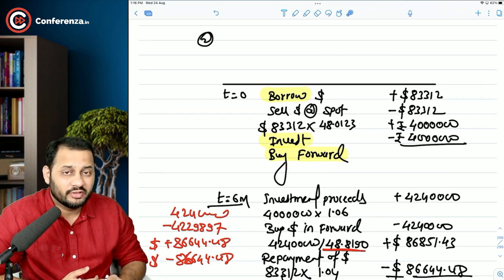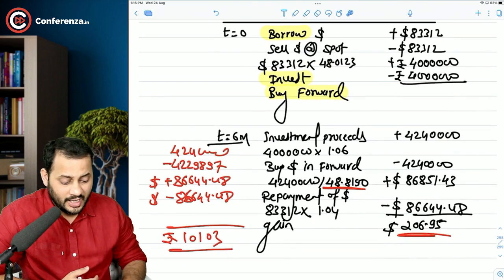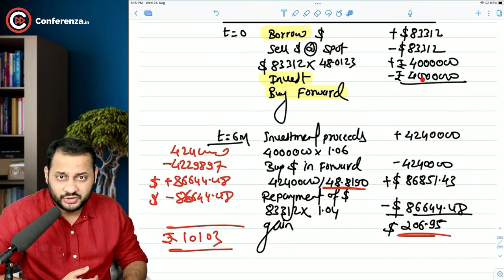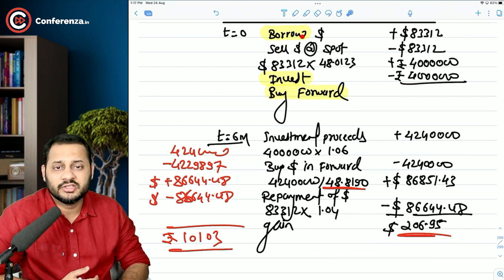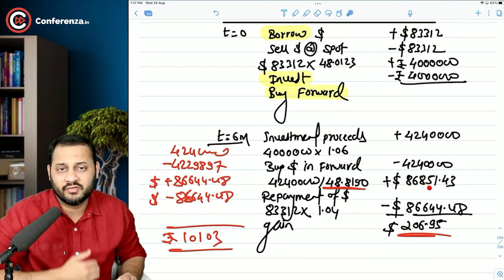Let me tell you. I knew that this investment will mature after 6 months and I will receive 42,40,000 rupees. I also knew that I have to make the payment of this borrowing after 6 months. So it is for sure that I have to repay this dollar along with the interest, which comes to 86,851.43.